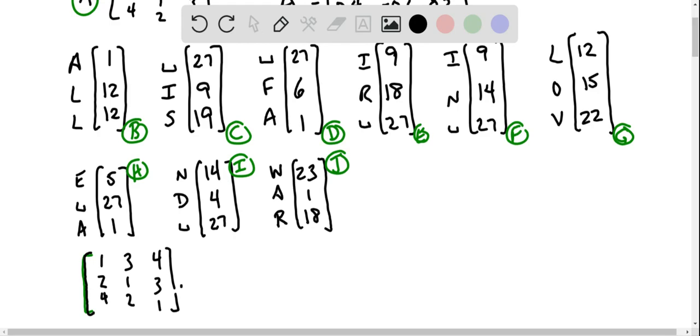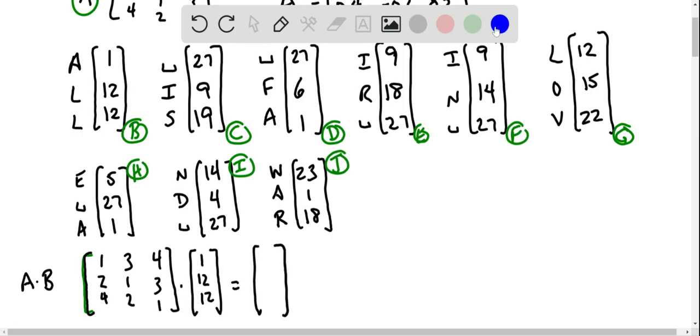So 9 different matrix multiplications. I'll run through the first 2 manually so we can see how they work, and then I'll just show the remainder of the answers. So let's start with A times B, our first values, 1, 12, 12. When we do our matrix multiplication, we go across the rows in the first matrix, down the columns in the second.